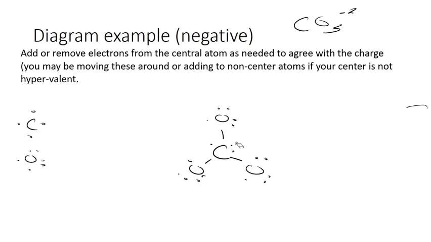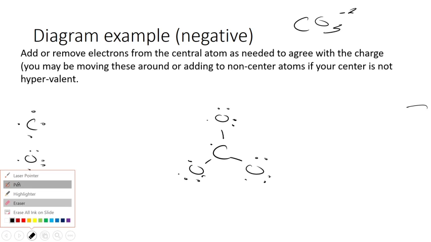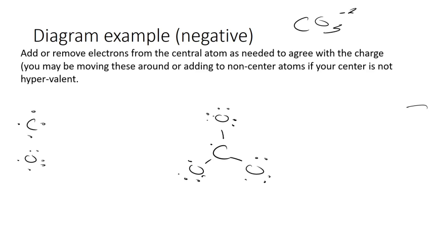So basically, what we're going to have to do is move these extra electrons off onto the oxygens, right? Which is great. So there we go. Now carbon, right, is not having too many electrons.